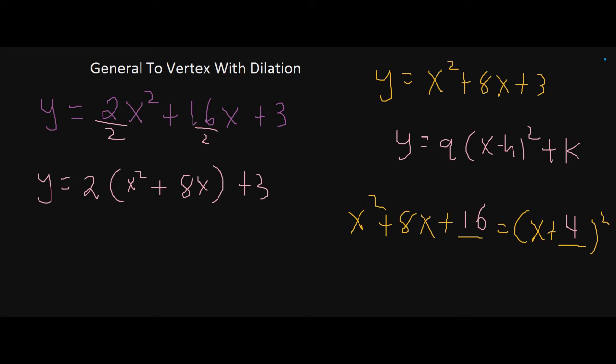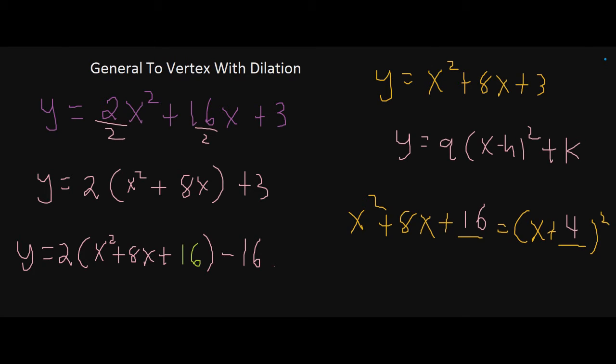So that's the number that we want to add. Inside the parentheses, we want to add 16. So we're going to do it just like how we added it before in the other videos. We got x squared plus 8x plus, well, we're going to add the 16. Okay. Now, just like before, we're going to subtract the 16. Okay. But there is one special condition, right?